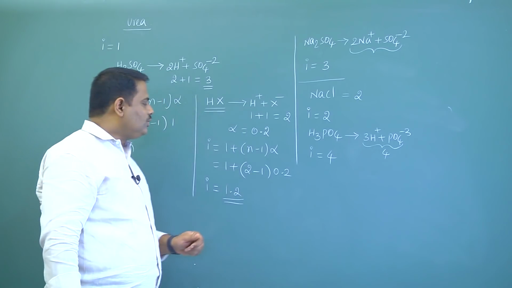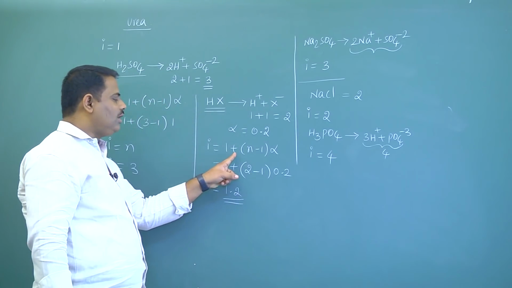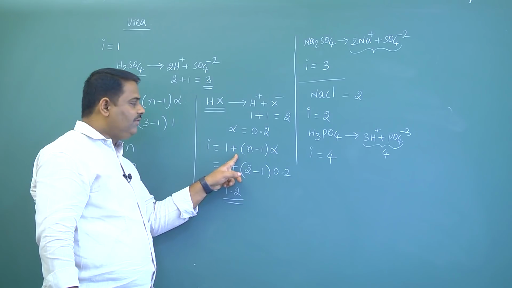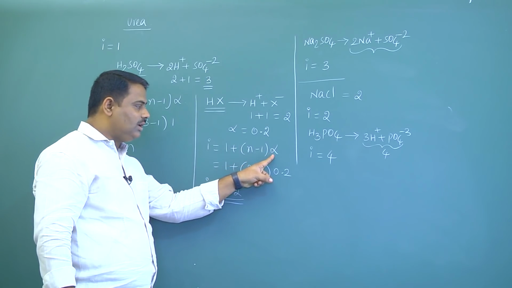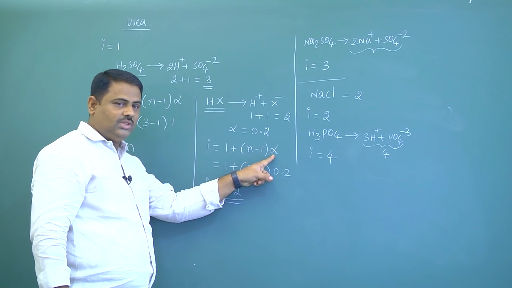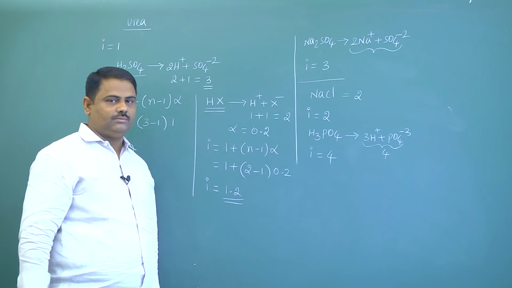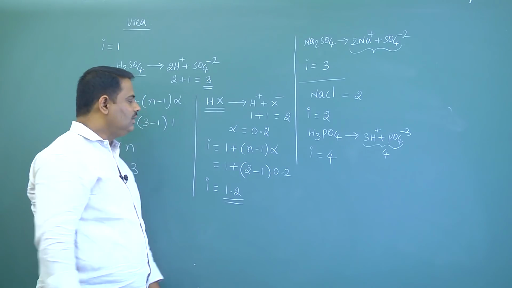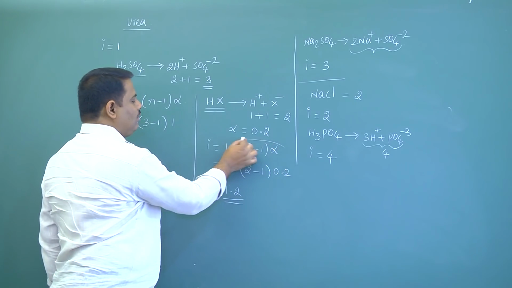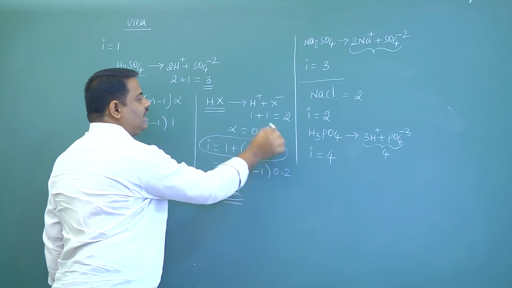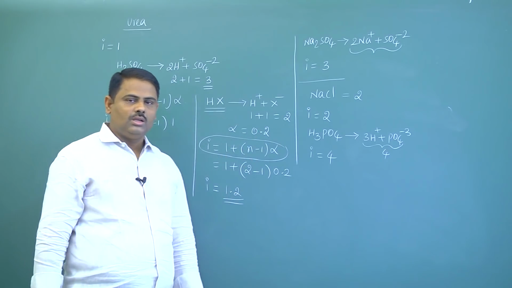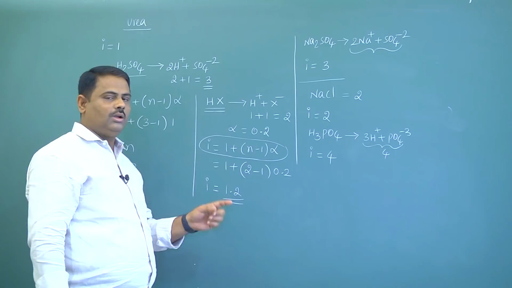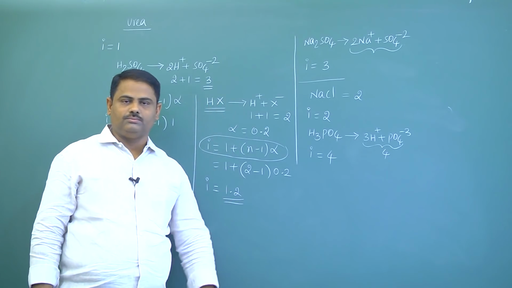So the complete formula is needed only if alpha is less than 1, otherwise not required. That means this formula is more useful for weak electrolytes. Follow the same rule for association also.